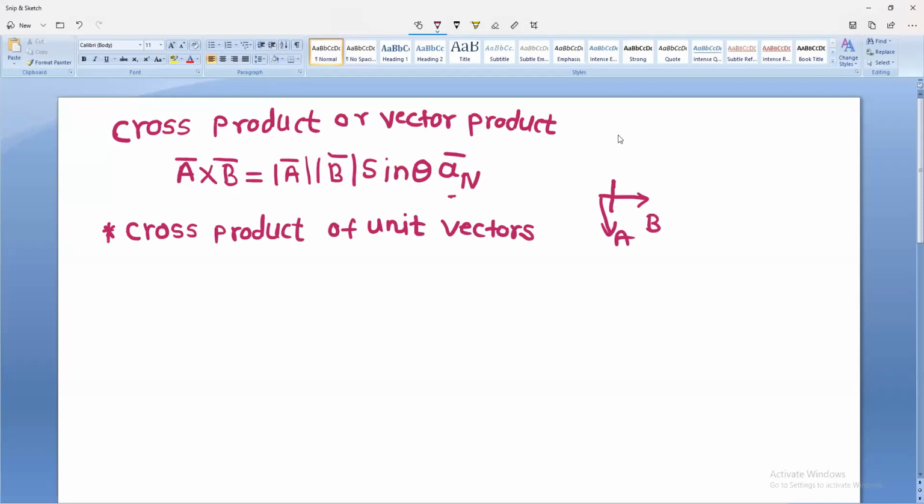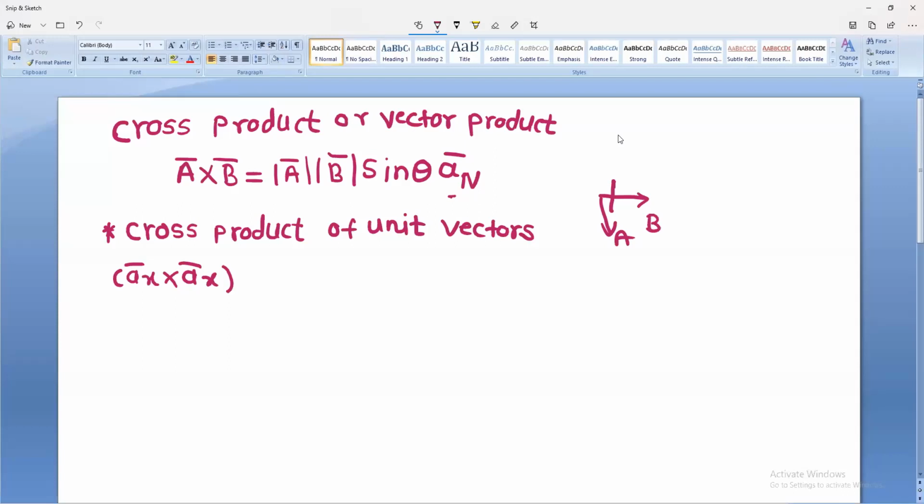So for cross product, now tell me, if the two vectors A bar x cross A bar x are given, now these two vectors are in which direction? X, y or z?